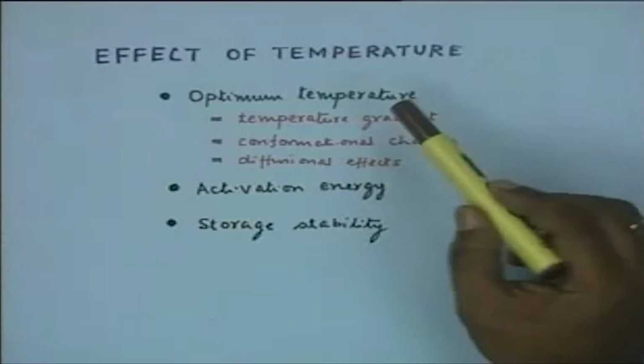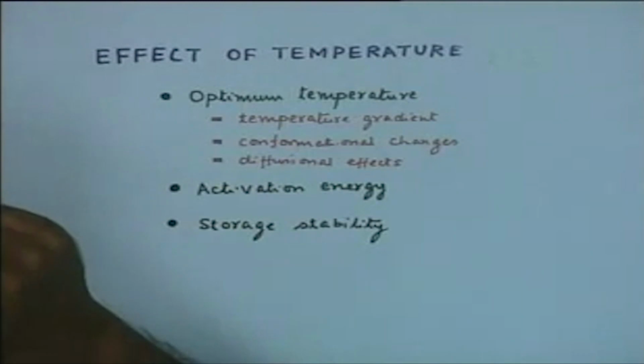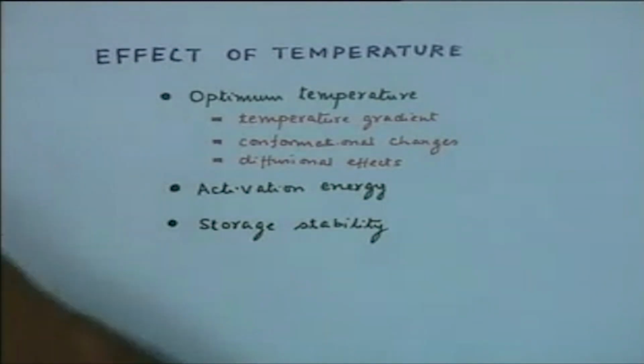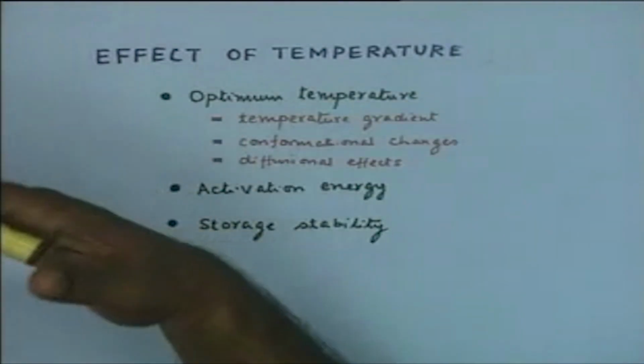Now the change in optimum temperature is essentially a result of temperature gradient across the bulk and the enzyme particle, and this is very prominent when you talk of gel entrapped enzyme preparations.